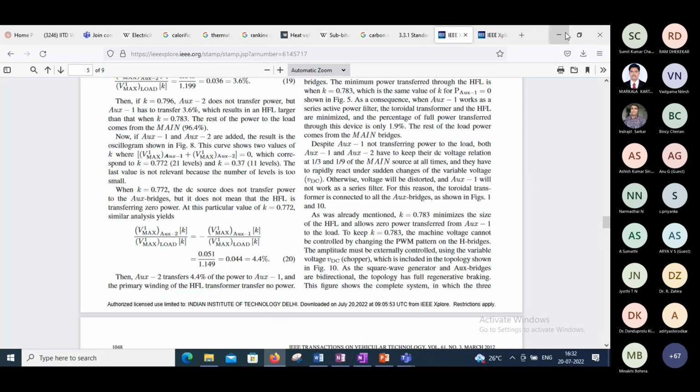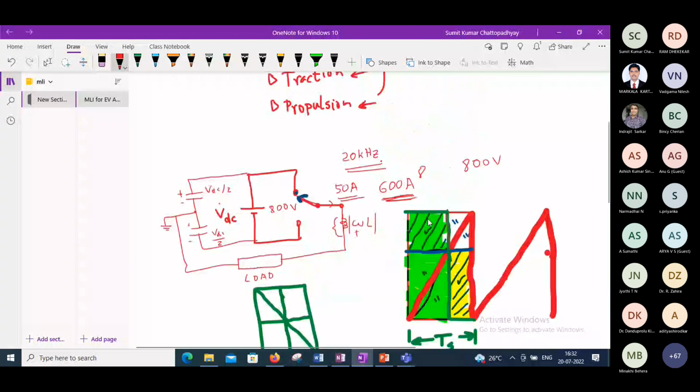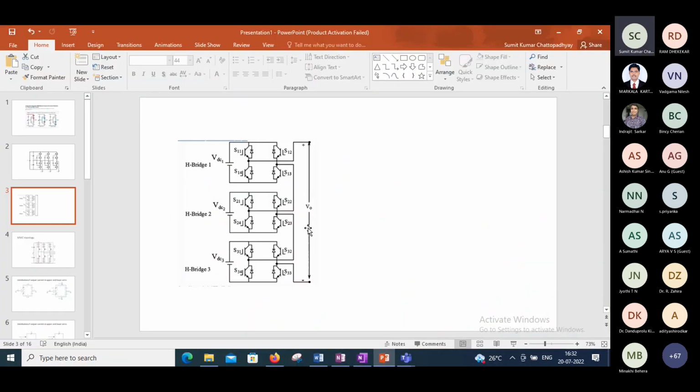Now, one quick question here. What we were discussing in the PPT: suppose these three voltages have equal voltage. So we can get 7 levels: a total of 3 positive levels, 3 negative levels, and 0 voltage level.